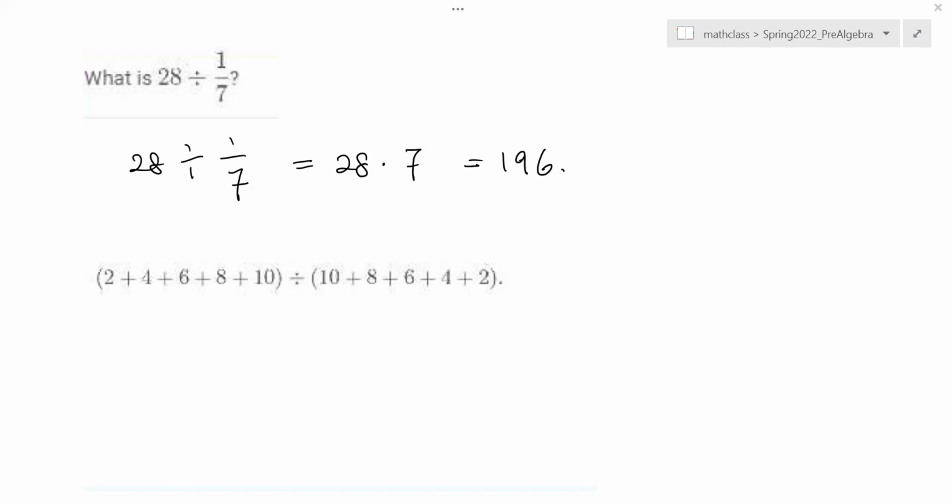Some students will try to add them together inside the parentheses. That's not the way I want to do it. When you get a problem, you look at the problem first. Is there any shortcut? Is there any short way to do that?